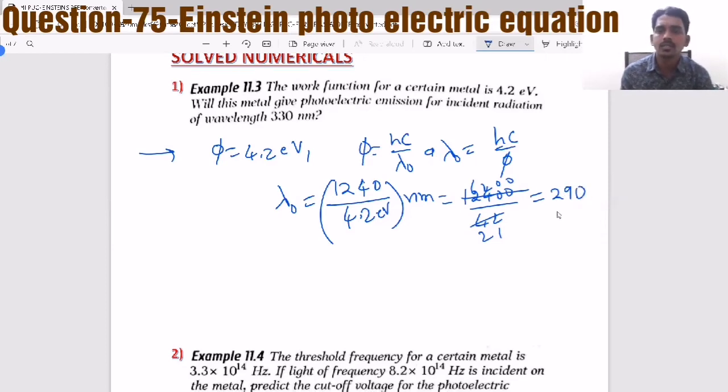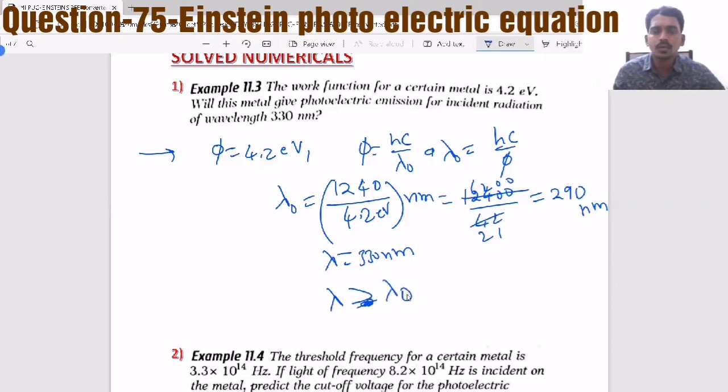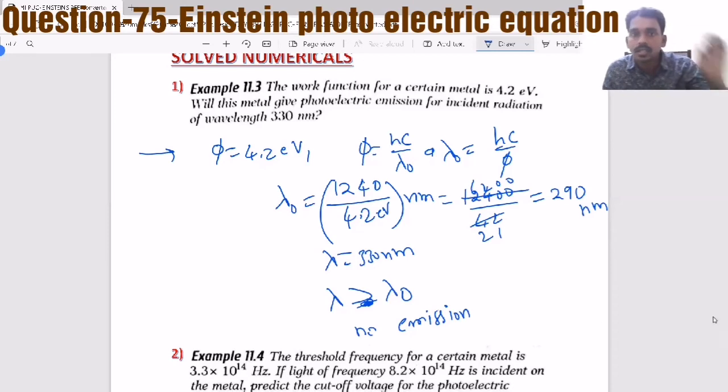Approximately I am telling. That means the given wavelength is 330 nanometer. Now the wavelength is greater than the threshold wavelength, so photoelectric emission will not happen. No emission, because the wavelength of the photon must be equal to or less than the threshold wavelength.